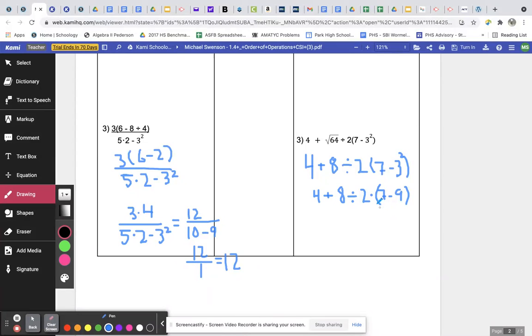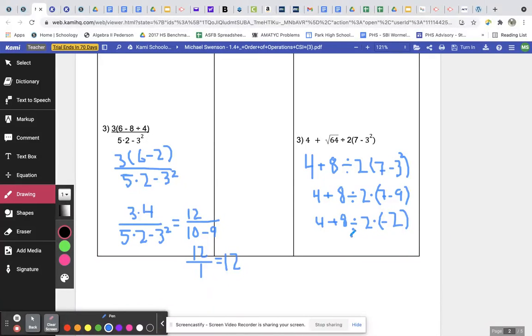Okay. 7 minus 9 is negative 2. This is 2 times a negative 2. This is the dividing. We've got an 8. We've got a plus 4 right here. Now we've got a plus, a dividing, and a multiplying. Okay?